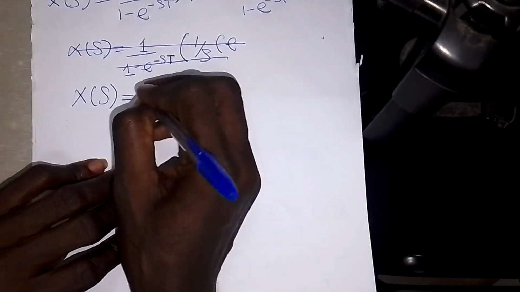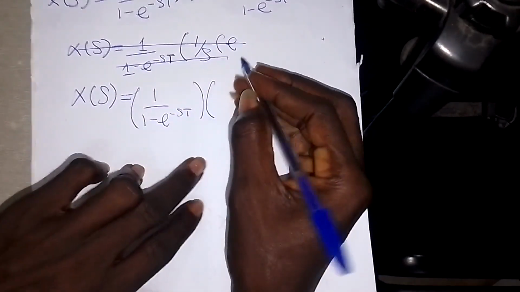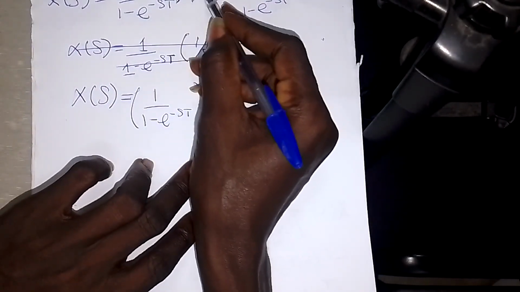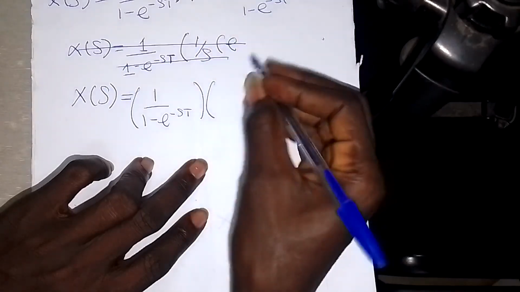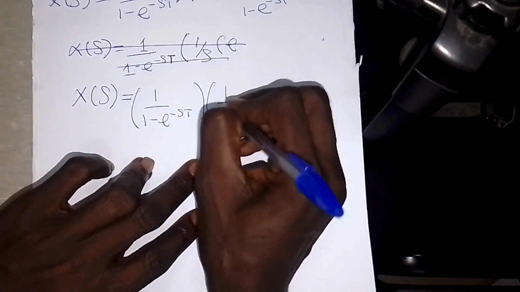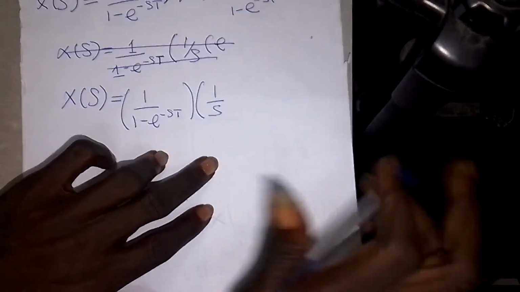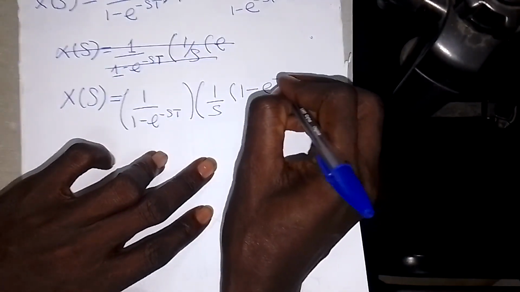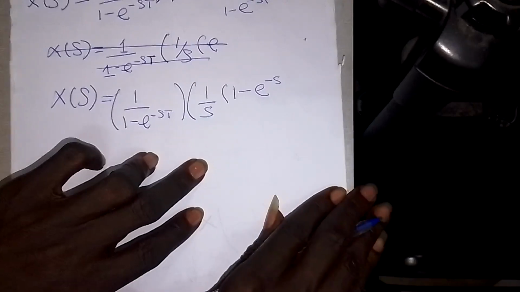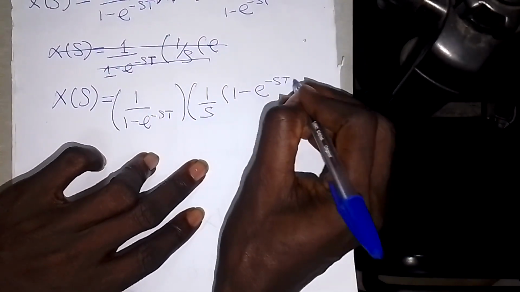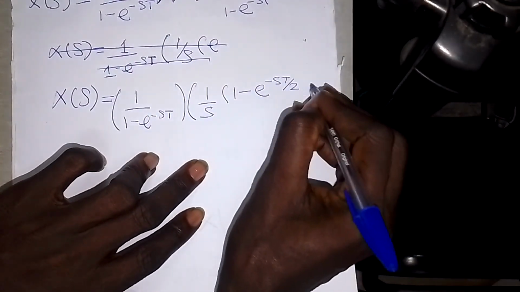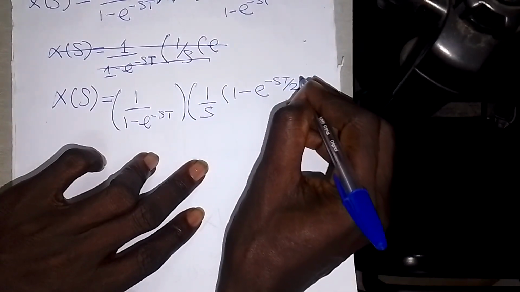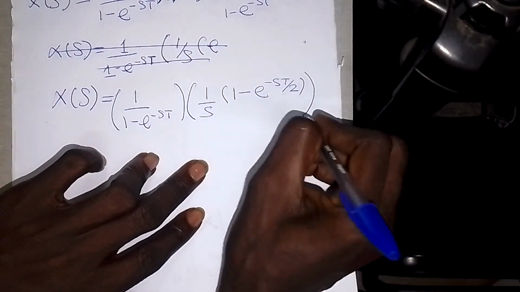Now this one, into x prime of s. What is x prime of s? It is 1 over s, into 1 minus e to the minus st on 2. So this one and then this one.